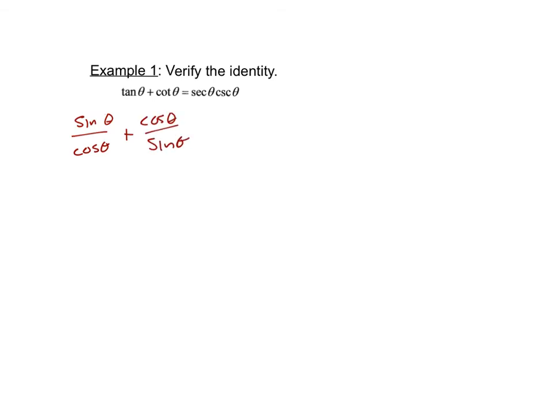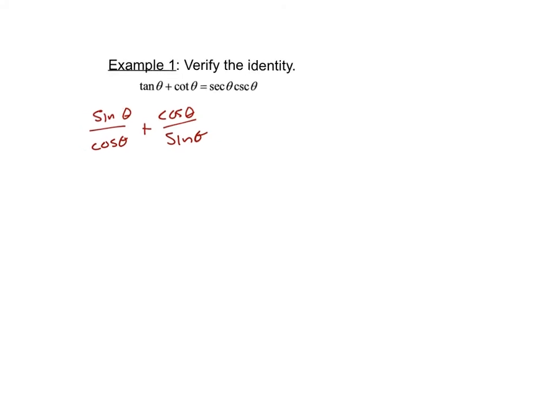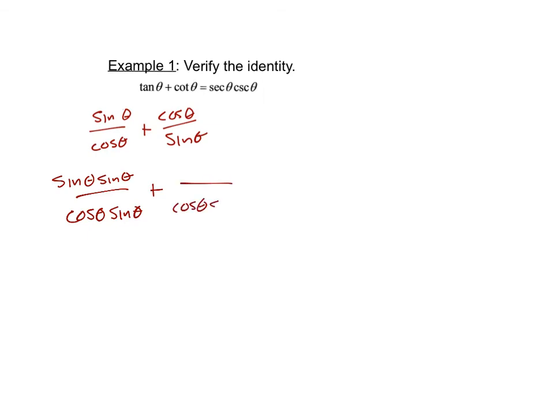Again, I'm only manipulating the left-hand side. So finding a common denominator would mean I'm going to multiply by the other denominator. So I'm going to multiply the first one times sine and the second one times cosine.